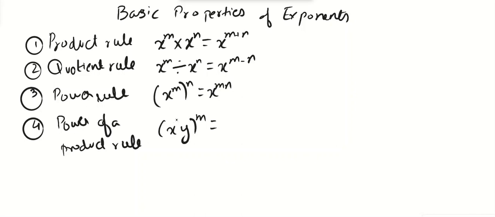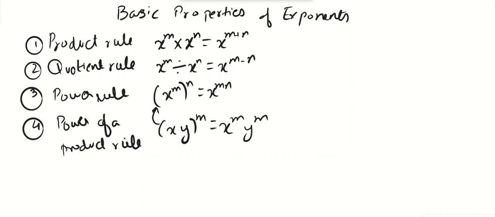How is it possible? Because it is the same as the power rule, since each of these bases has the power of 1. When these are multiplied with power of m, the power will be 1 times m. So we can write it as x raised to power m and y raised to power m.